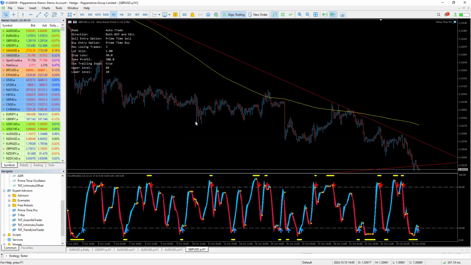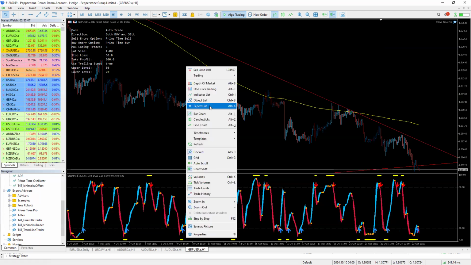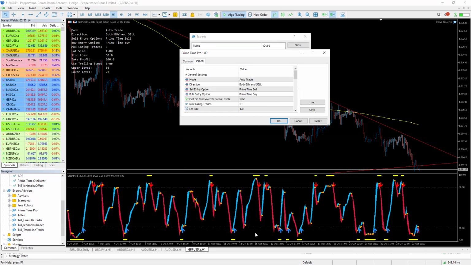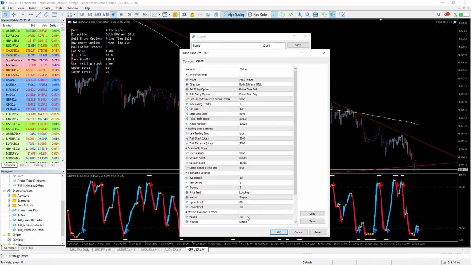With indicators and expert advisors, there's only a certain number of things you can put on a chart. We're trying to work out a way to put that on, but see how I've manually drawn that, right? I put this on all of my charts now anyway, because I like to see what's going on. But if I was using that, the setting is set for the hourly charts down here, right?